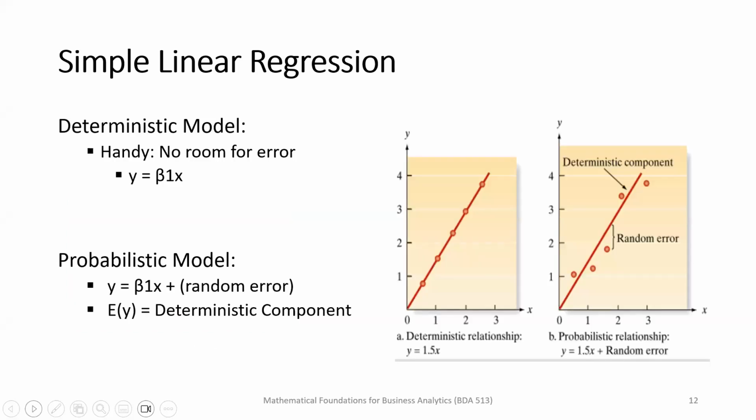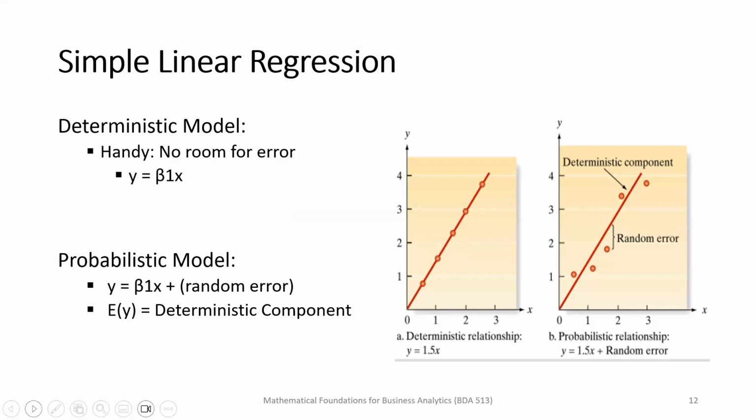Now, when it comes to simple linear regression, we have what we call the deterministic model, and then also the probabilistic model. With the deterministic model, there is no room for error. You see the first plot.